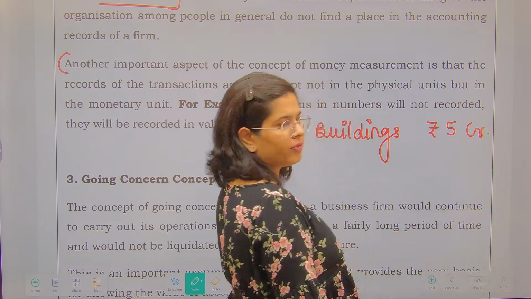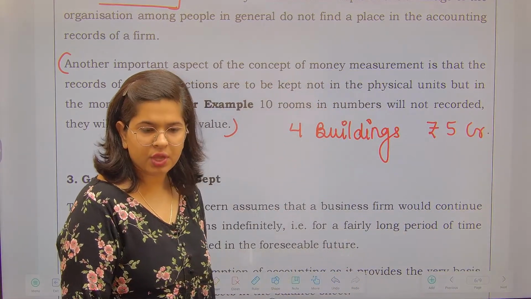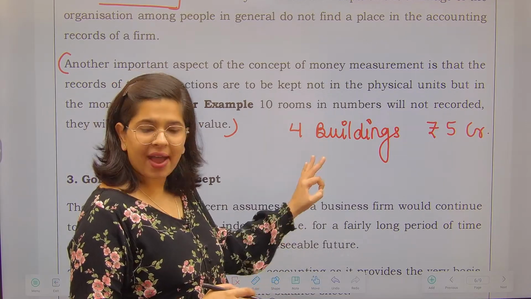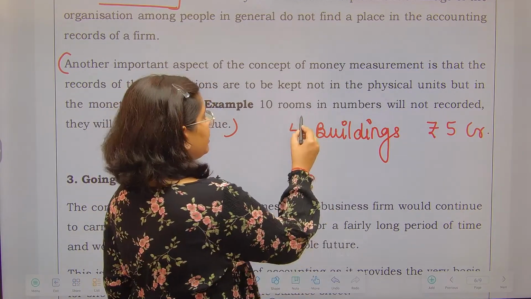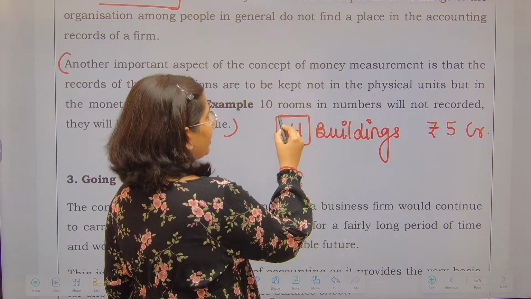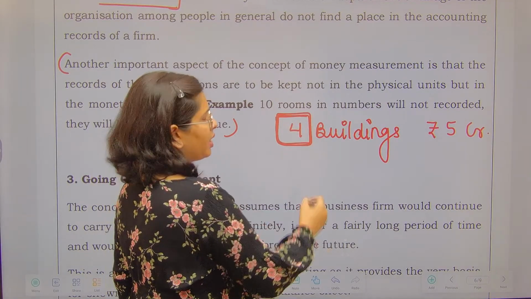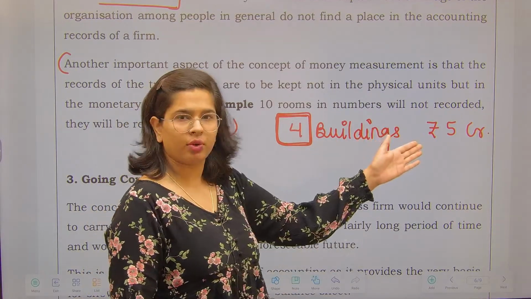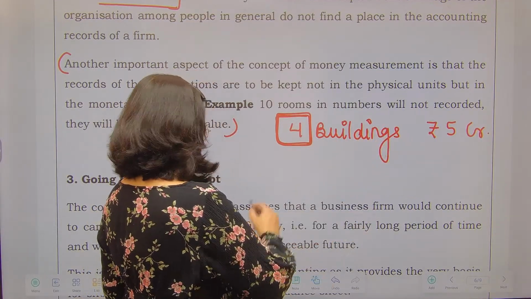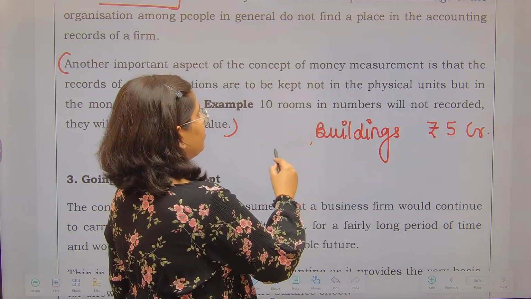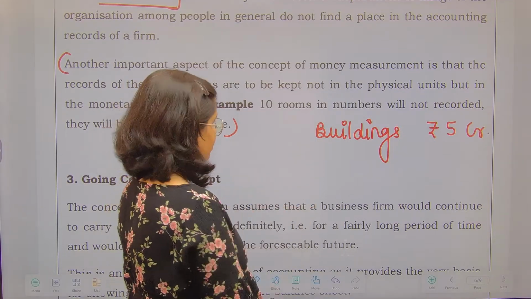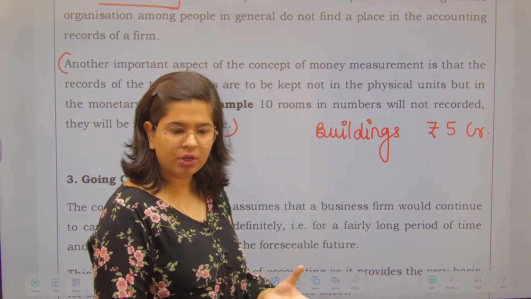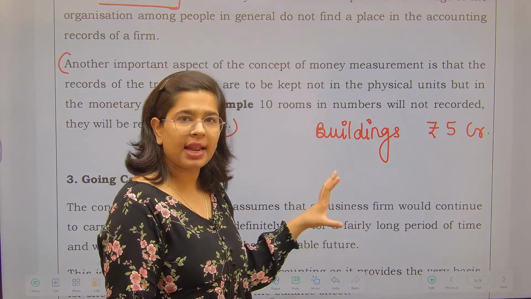The point to be noted is that in the financial statements, the number 4 will not be shown upfront. Only buildings will be shown. These 4 buildings will not be displayed. This can be shown at the time of preparing footnotes, but not in the financial statements.